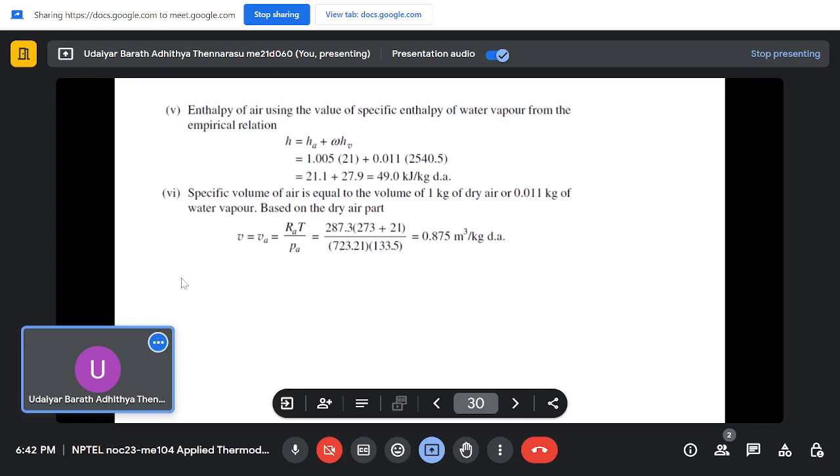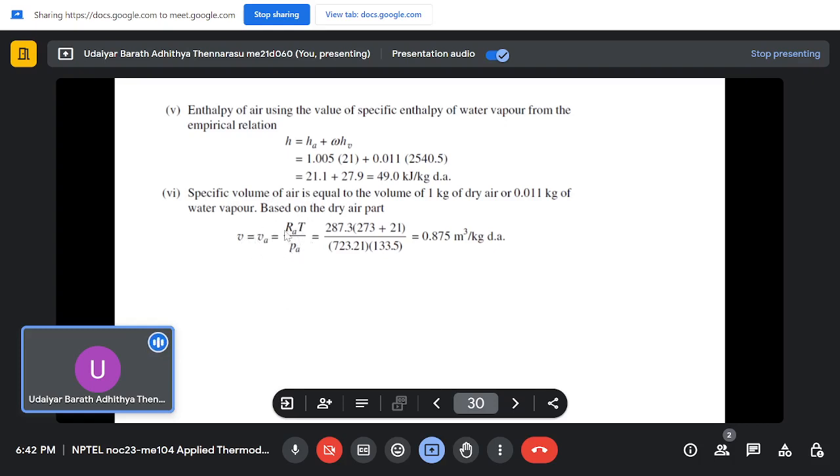So now the specific volume of air, for 1 kg of dry air or 0.01 kg of water vapor, we can find using the ideal gas equation. So va is Ra T by Pa. So this is the specific volume.